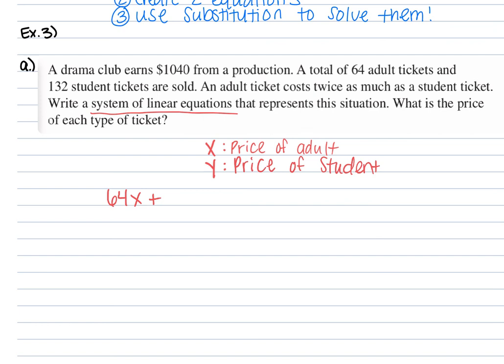Very good. You're on the right track. You have to multiply 64 times 2 because an adult ticket is twice as much as a student ticket. Don't combine them. They're going to be separate equations. But let's take what you started. So can someone help Camilla out?